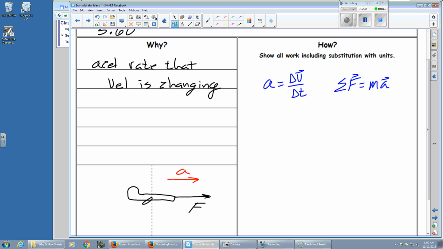These should all have vector symbols on them. I only have one force, so that's kind of convenient. And I'm just going to combine these two now. So my total force is my mass times my change in velocity over change in time.